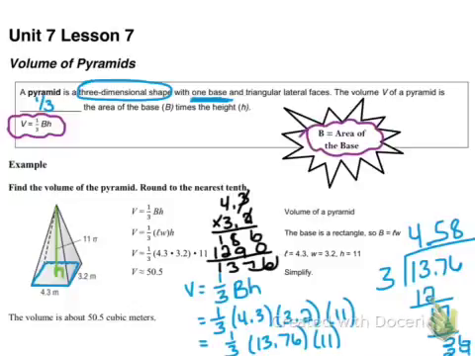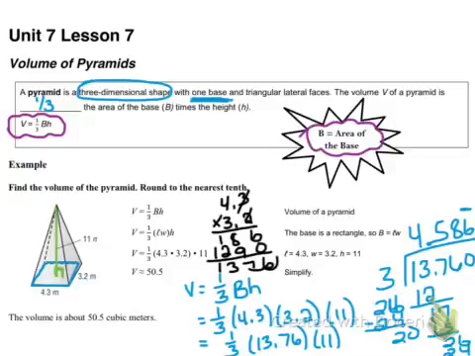Okay, so I could round to the nearest tenths place. Oh, we're not done yet. Okay, so 3 into 13.76, and that 6 will just keep on repeating.